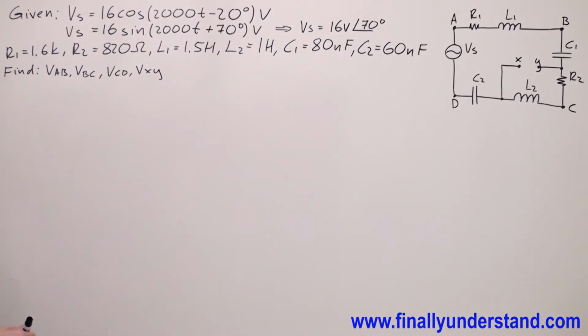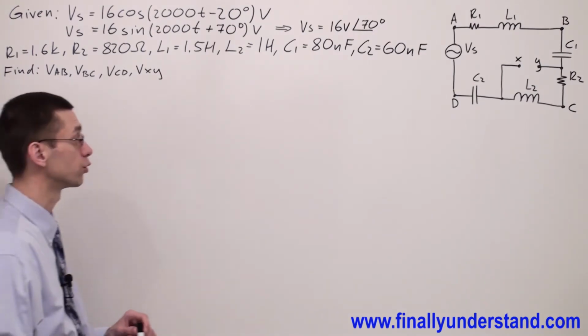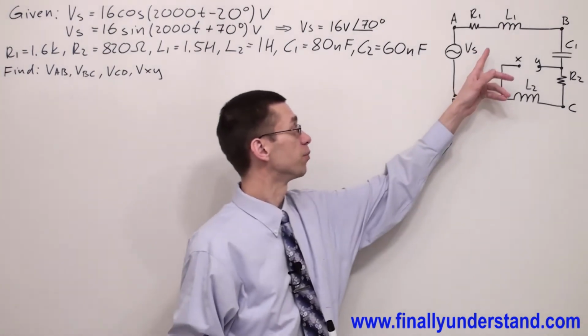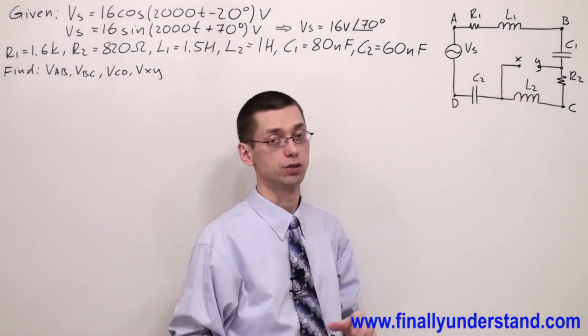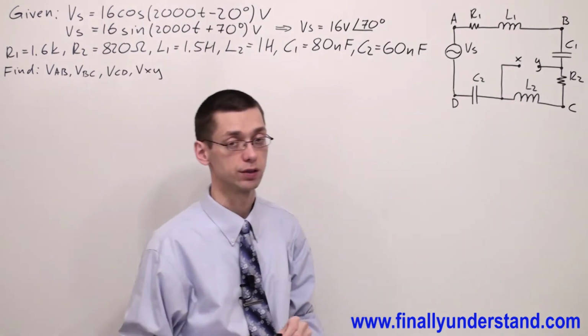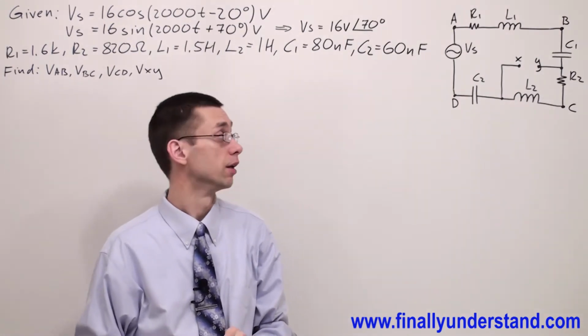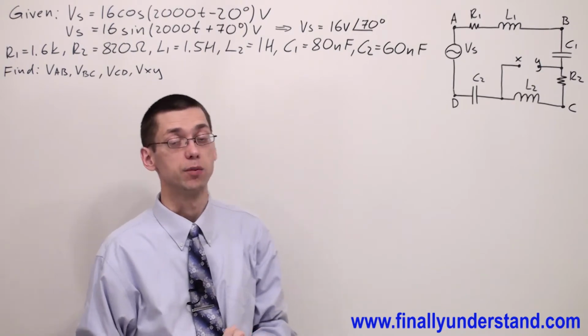So in order to use voltage divider formula, we're supposed to find the Z total. But in order to find Z total, we're supposed to find first impedance of each inductor and impedance of each capacitor.